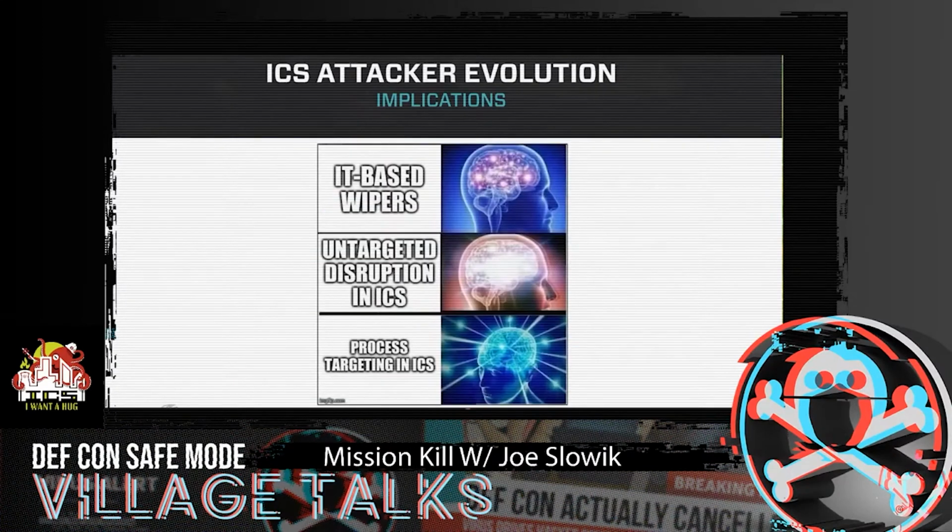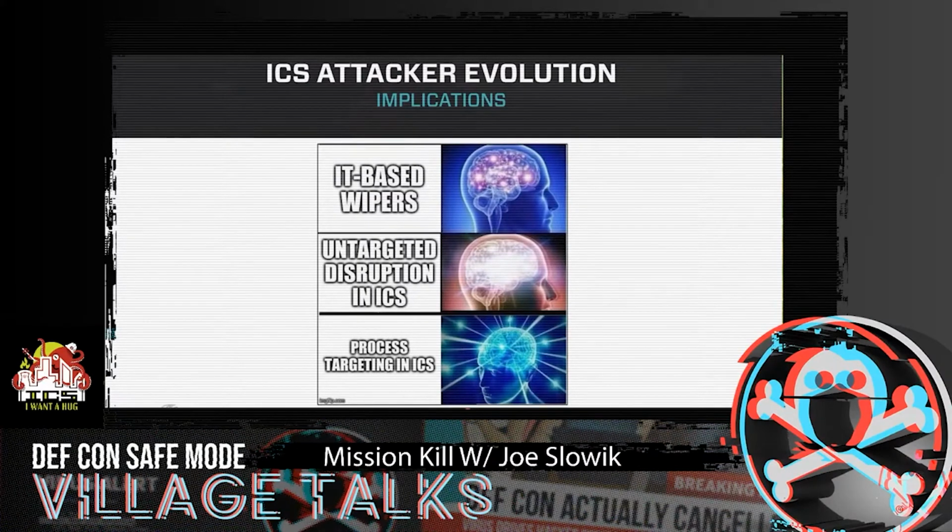So looking at this, we're seeing adversaries evolve over time from rather blunt and somewhat simplistic attacks like IT-based wipers, such as the Shamoon events and some other incidents where you just deploy something that worms through the network and cause as much disruption as you can in a fairly untargeted and widespread fashion.